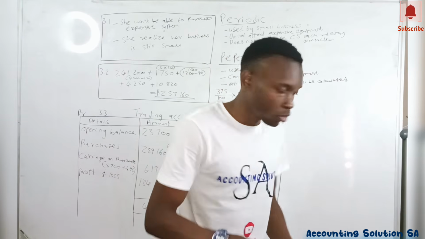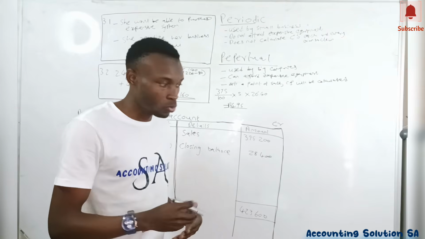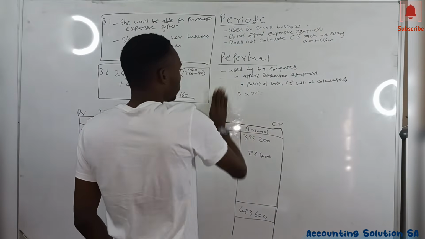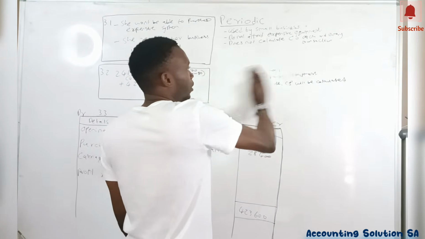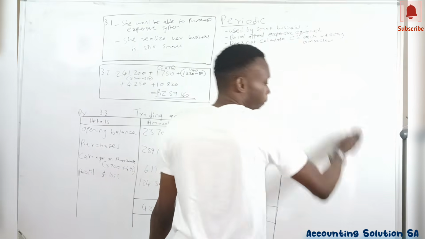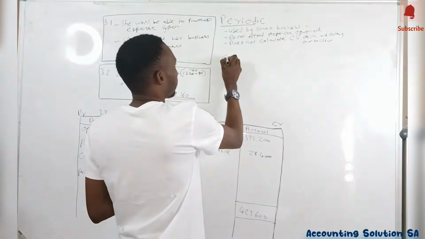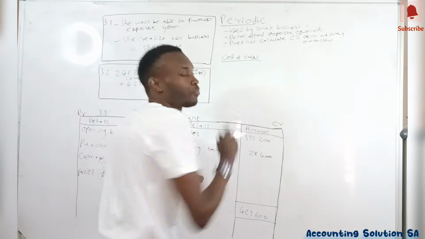All right, so now the question is, how are you going to calculate your cost of sales? Okay, I'm just gonna do it here. How do we calculate the cost of sales? It's very simple.